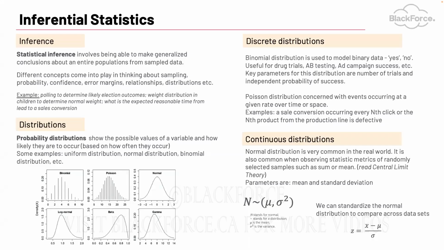I'll read a few things here. Binomial distributions are used to model binary data, yes or no data, very useful with drug trials and A/B testing. We have Poisson distributions, which are a bit trickier, but concern events that occur at a given rate. A lot of website conversions follow that distribution.